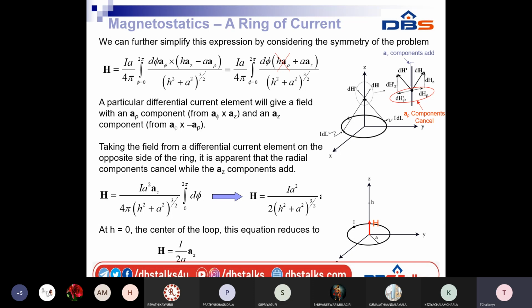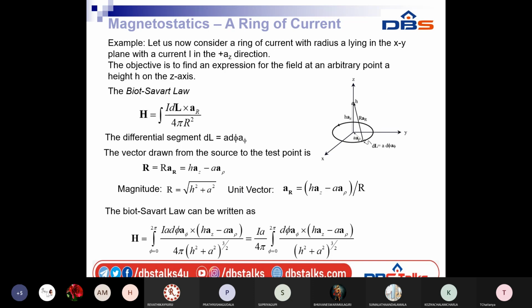That is the magnetic field intensity if the conductor is in the shape of a circular ring. These are the concepts that we cover today.